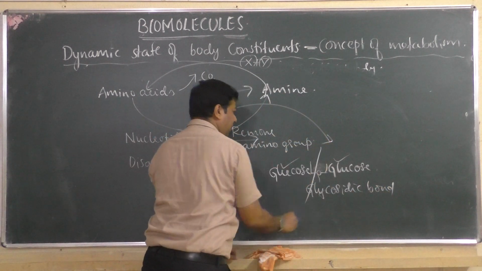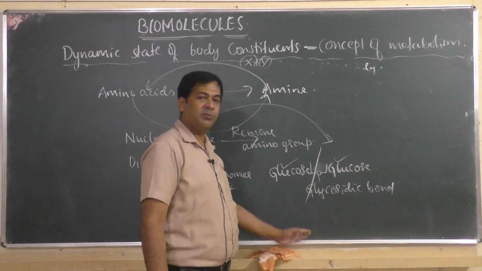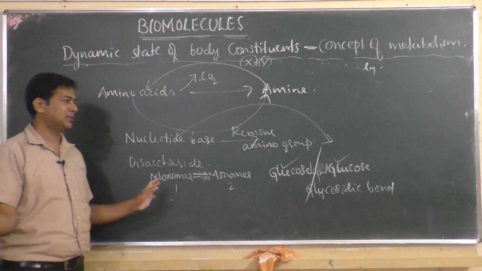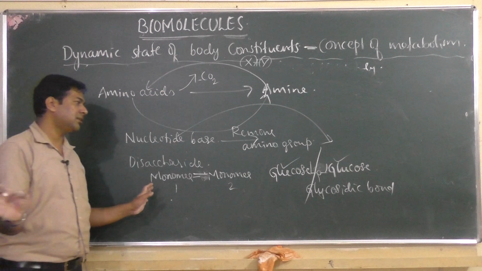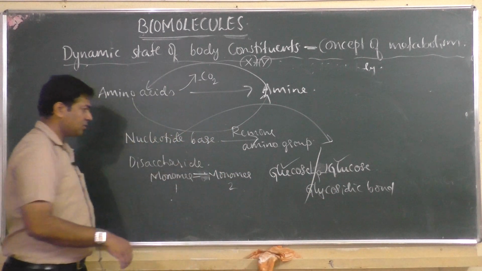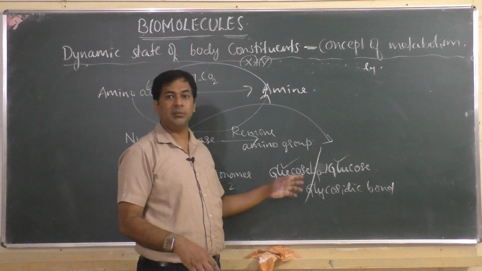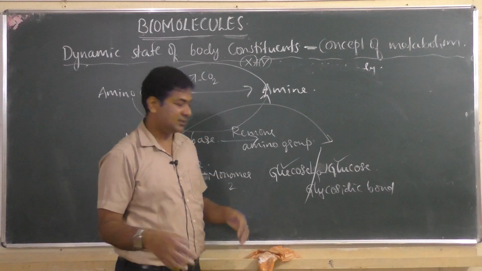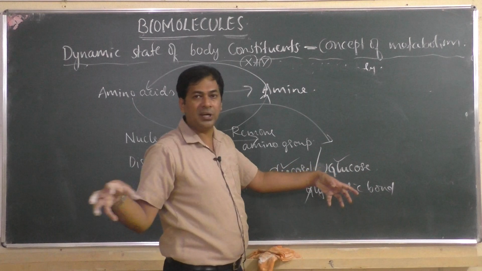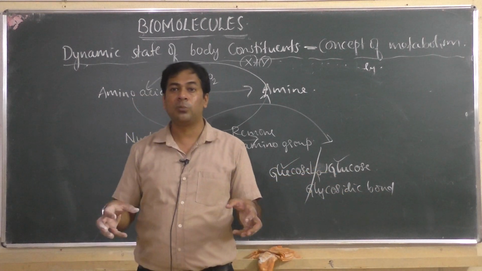So if hydrolysis happens, that is removal of water from the glycosidic bond, then the glycosidic bond breaks. That is a breakdown process. Then glucose and glucose are separated, so it doesn't remain a disaccharide. The disaccharide became monosaccharides, because the two glucose are separated, they became individual glucose, and each glucose is called a monomer.